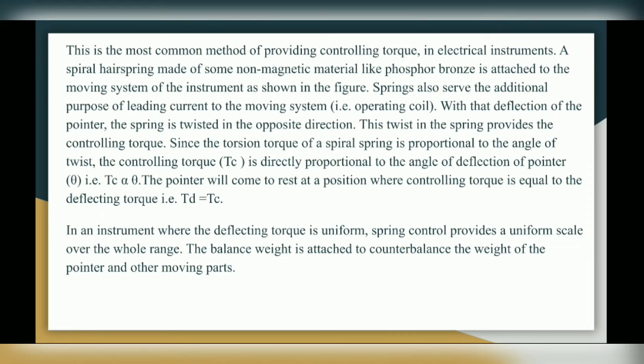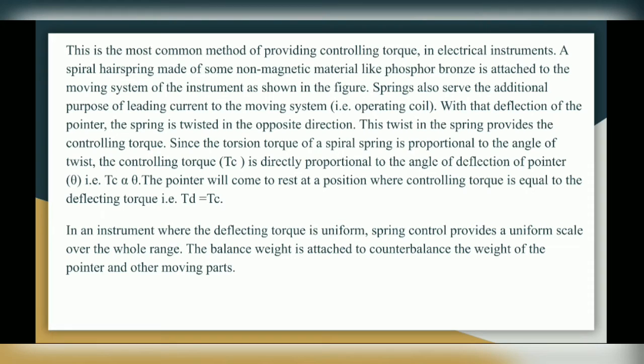So these springs are twisted, and as such they produce a controlling torque to control the movement of the pointer. Since the torsion torque of a spiral spring is proportional to the angle of the twist, the controlling torque is directly proportional to the angle of deflection of the pointer, that is theta.